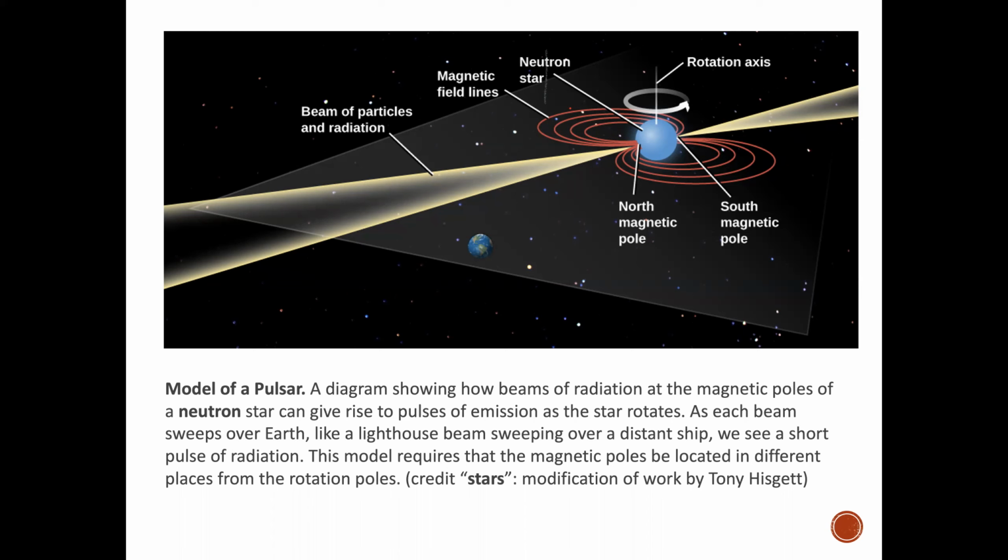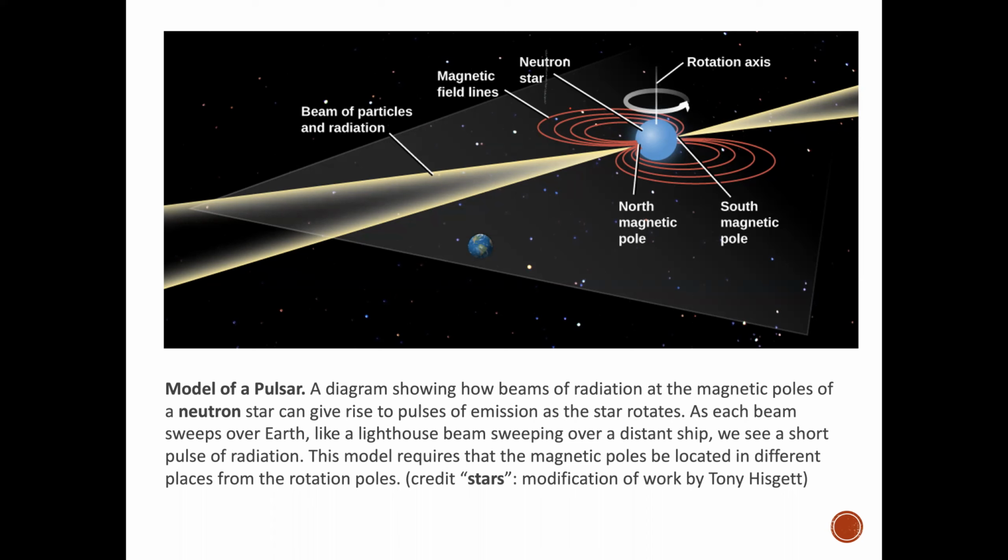So if you detect a pulsar, that means there will be a neutron star in that particular location, right? And at the same time, we discussed that the converse is not true, which means there may be neutron stars that do not have this pulsar effect, right?